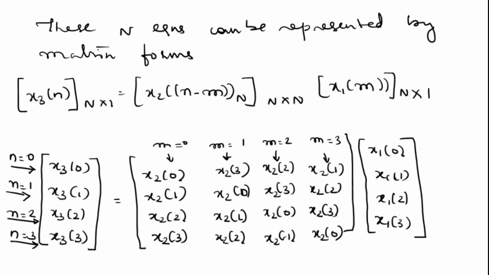So to remember this, we have one idea. We can write like this. So first we have to write x2 of 0, x2 of 1, x2 of 2 and x2 of 3. Then shift this like this, shift this like this, shift this like this, and this will go upwards.